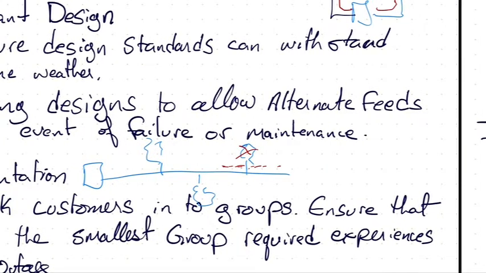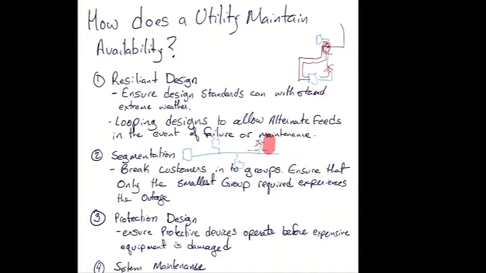So that these customers go out of power here, but all these customers here have the power retained. And if we can do that, that makes troubleshooting things a lot easier too, because now we know exactly where to go. These guys are the ones without power, so we're going to head right here and start our troubleshooting in this little region instead of having to patrol the entire thing, which could stretch from one side of town all the way to the other.